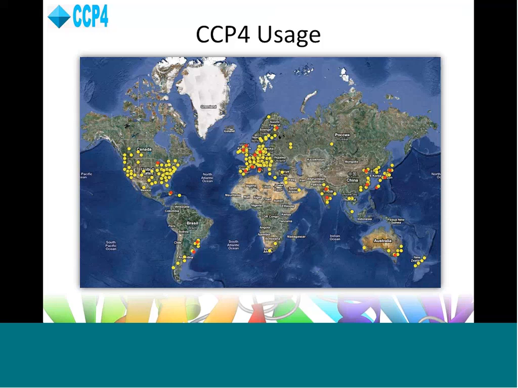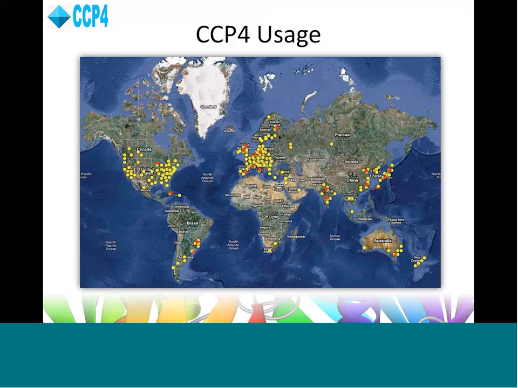So, we like to keep track of where CCP4 is used, and this is a nice plot of the world showing where our licenses are. And as you can see, the major markets are in the US, Europe, and Japan. But more recently, we've seen more licenses in places like China, India, and South America.